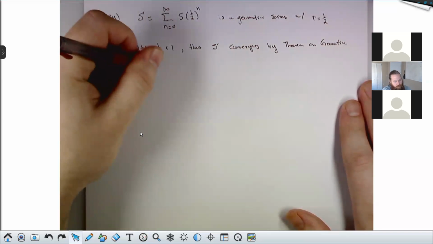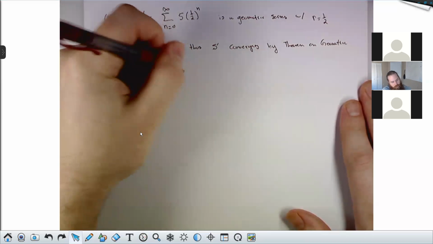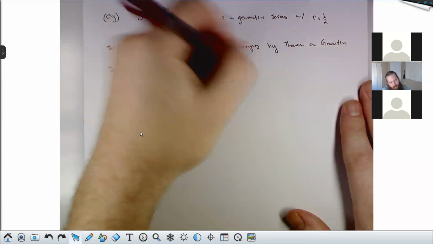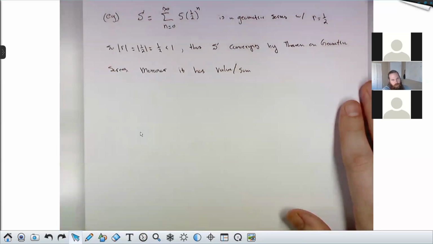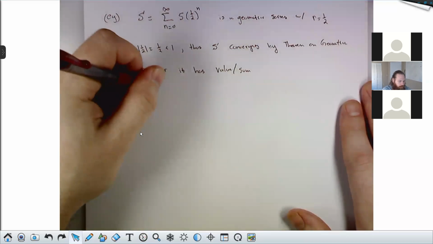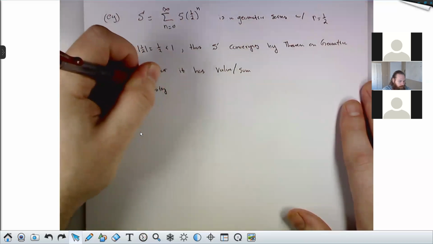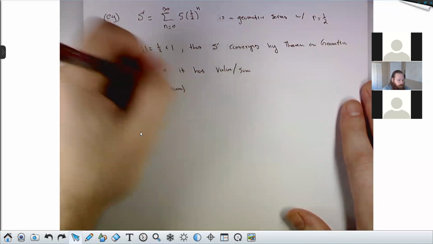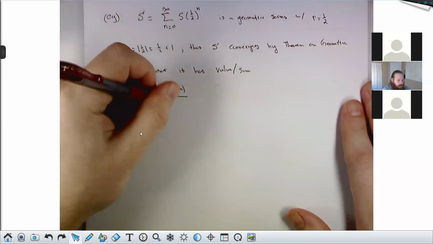Moreover, it has value, aka sum, right? When you add up all the terms, you get the starting term over 1 minus r.